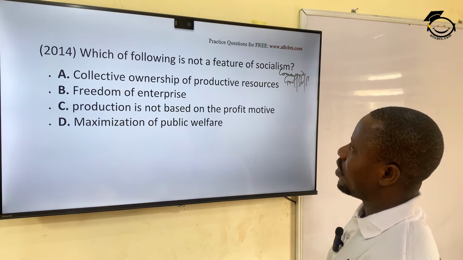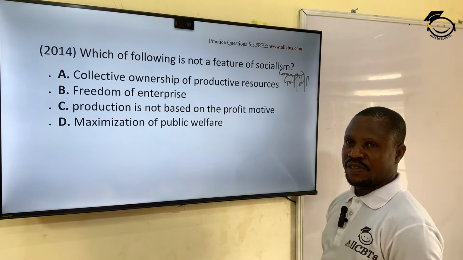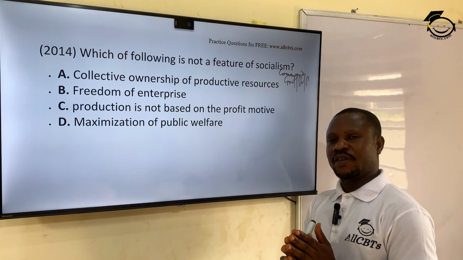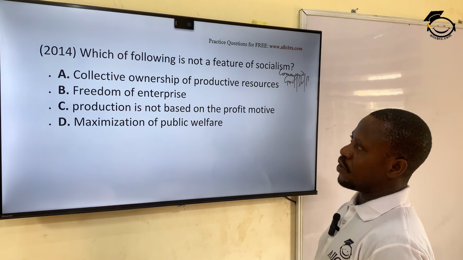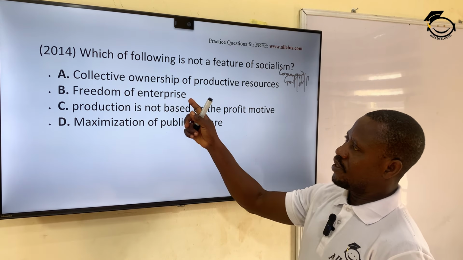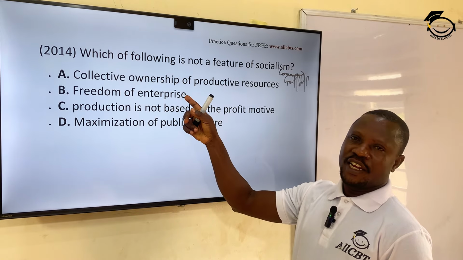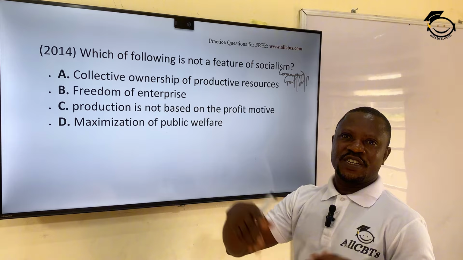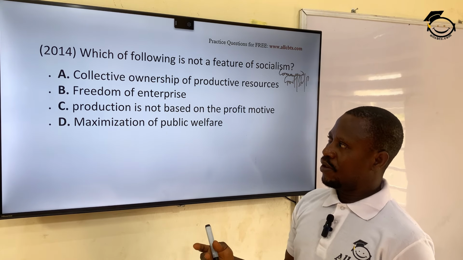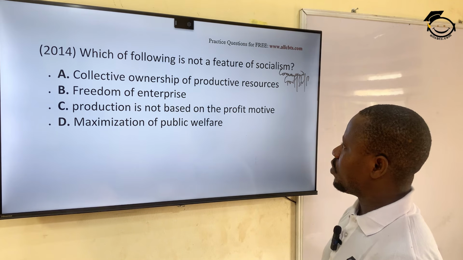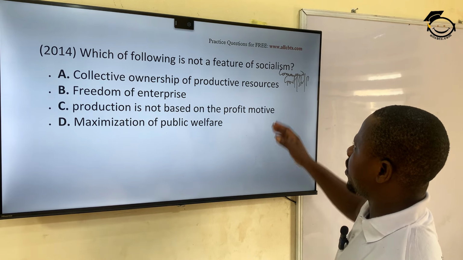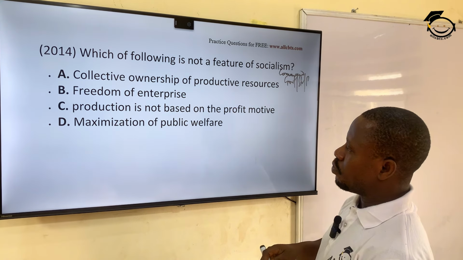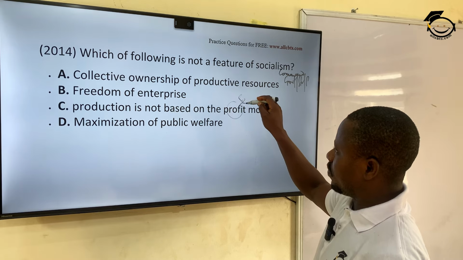Let's see. Collective ownership of productive resources. Since it's the hand of the state, the government, there's collectivism. Okay? Freedom of enterprise. This cannot be, because this is an element of capitalism. In fact, another name for capitalism is what? Free enterprise, laissez-faire. All right? Production is not based on profit motive. When there's socialism, it is not profit motive, but service motive.